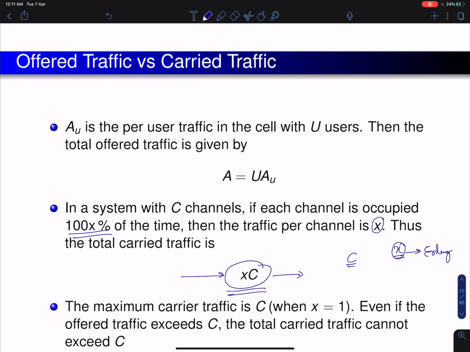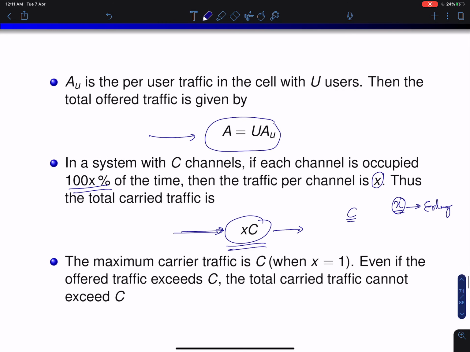The offered traffic is what the users are demanding, whereas carried traffic is what the channels can actually handle. The maximum carried traffic can never exceed C, because if a channel is occupied all the time, its traffic is 1, and with C channels the total is C.